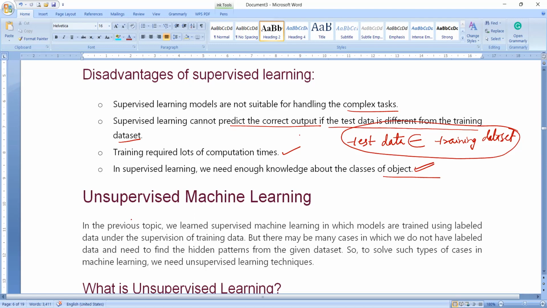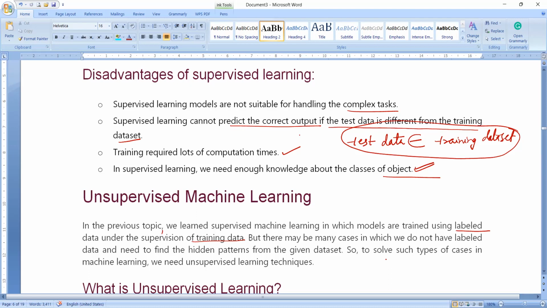And next, this is all about supervised learning techniques. Now unsupervised learning techniques. In this topic, we learned supervised machine learning, in which models are trained using labeled data under the supervision of training data. But there may be many cases in which we do not have labeled data and need to find hidden patterns from the given data set.